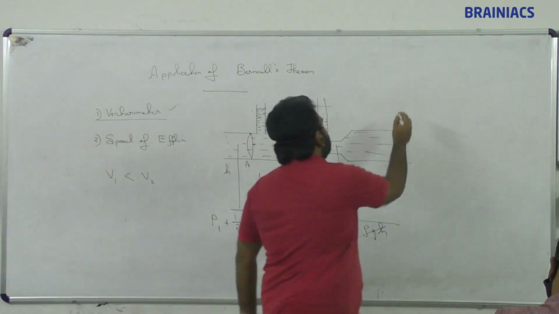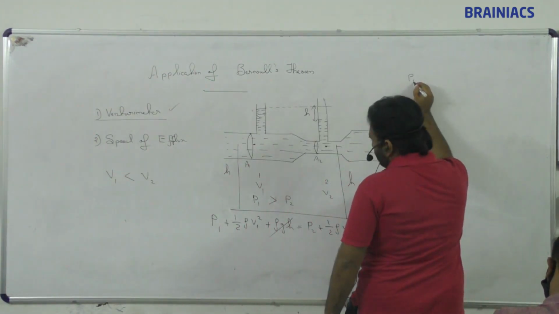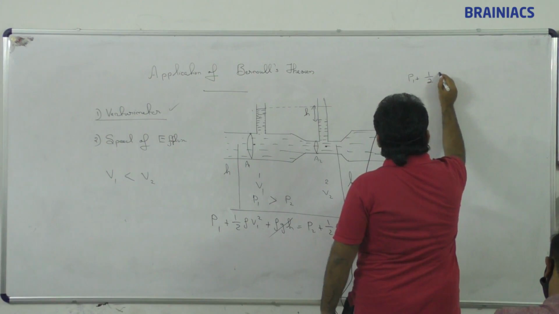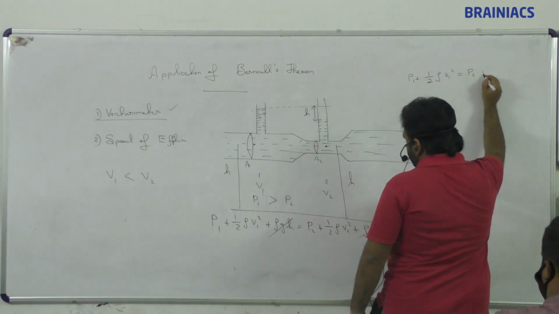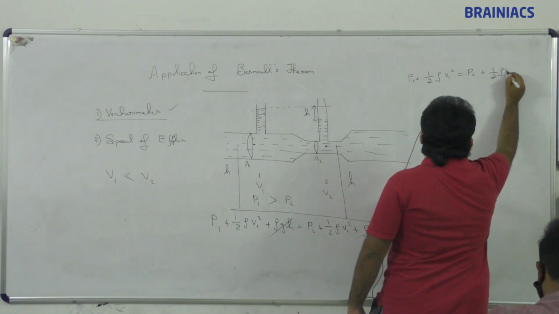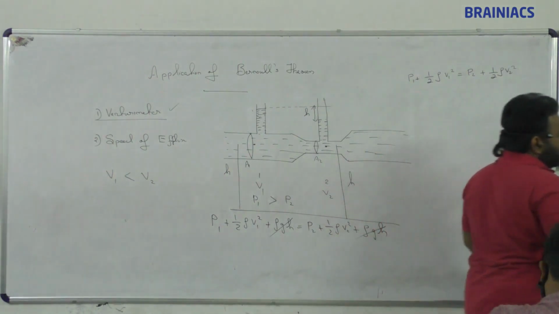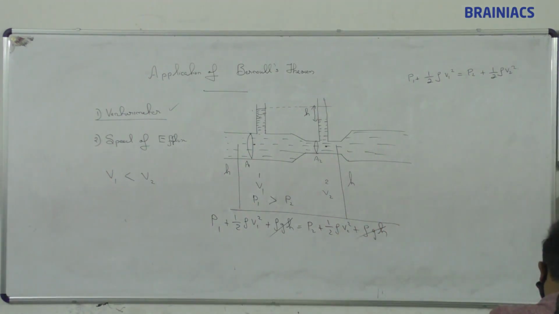We could write P1 plus half rho V1 square is equal to P2 plus half rho V2 square. Then we can make an equation of V1 and V2 based on area using the equation of continuity. Then after that we can substitute also.